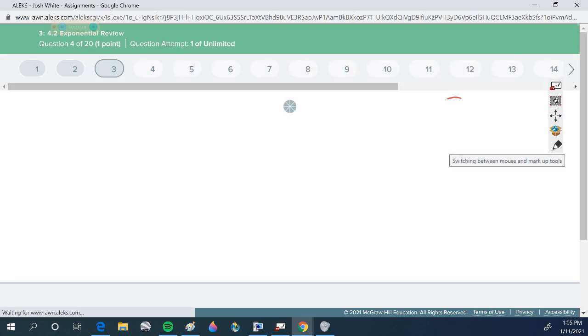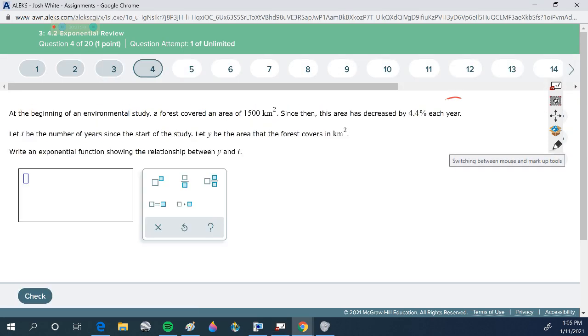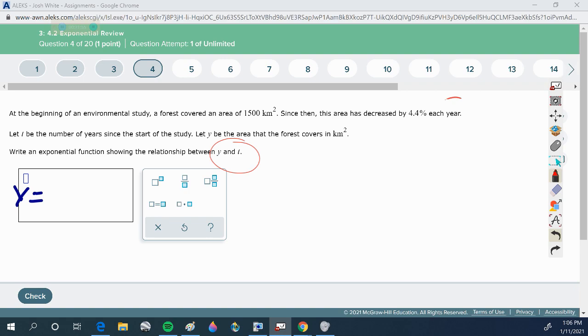Number 4. Okay, we have a forest that covers an area of 1,500. The area is decreasing by 4.4%. What is the equation? And it wants you to use the variables y and t. So y equals, the starting amount is 1,500.